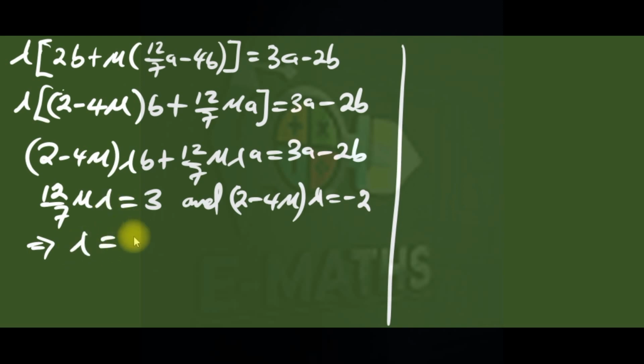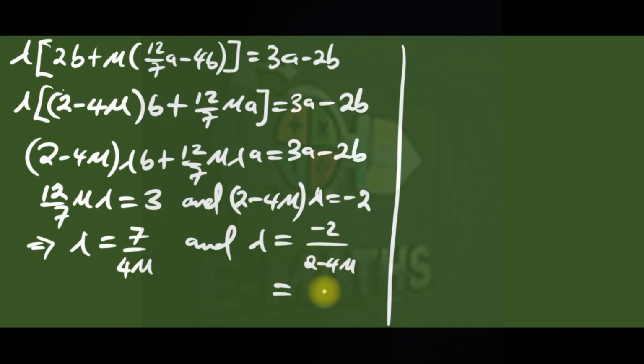Lambda here is equal to 7 over 4 mu, and here lambda is equal to minus 2 over 2 minus 4 mu, which is, dividing numerator and denominator by minus 2, we have 1 over 2 mu minus 1. Do you get that? Divided by minus 2: minus 2 is 1, minus 4 mu is plus 2 mu, 2 is minus 1. So lambda is that. Lambda is that.